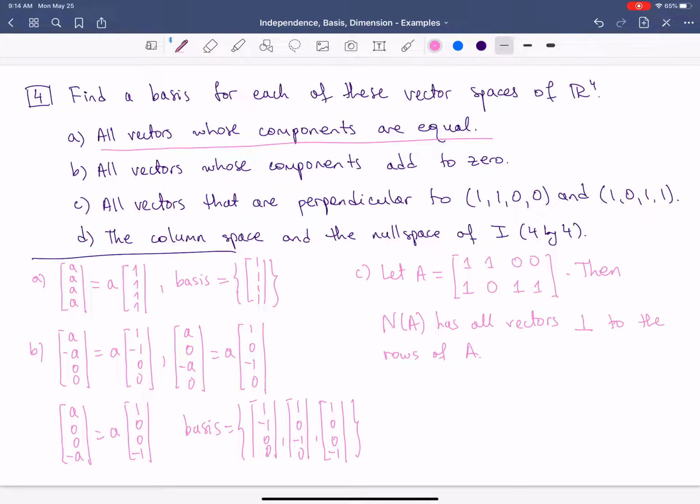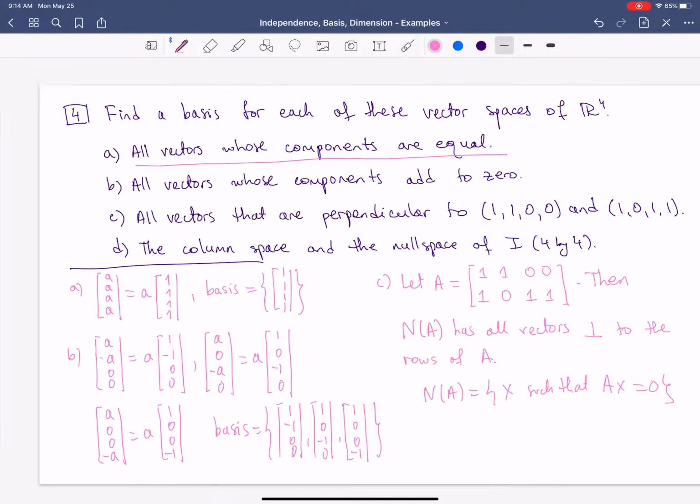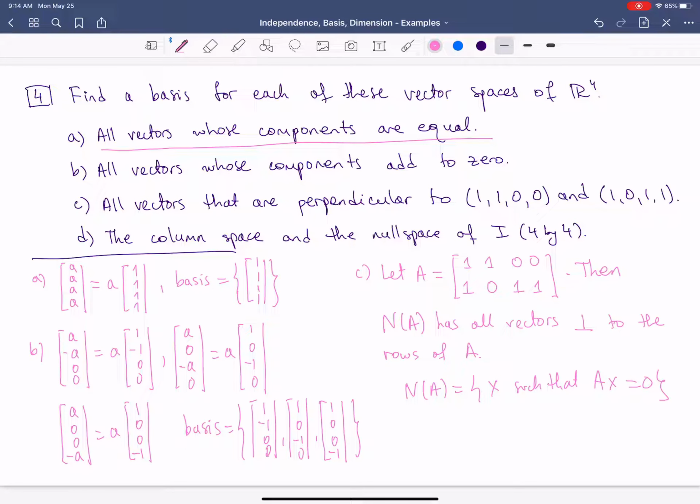Why is that the case? Well, what is the null space? The null space of A consists of vectors x such that A times x is 0. Well, when you carry out multiplication A times x, how do you compute it? You take the first row, you multiply it by x, and you want to get a 0. Then you take the second row, you multiply it by x, you want to get a 0.